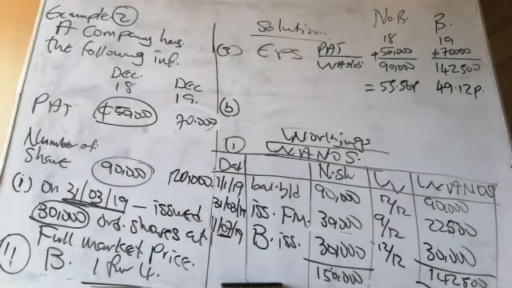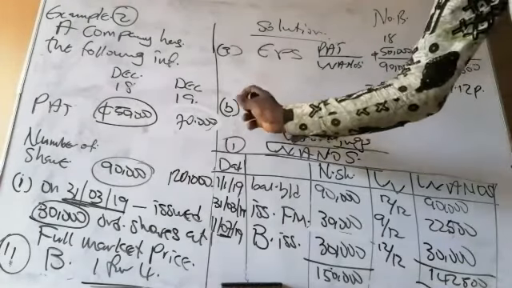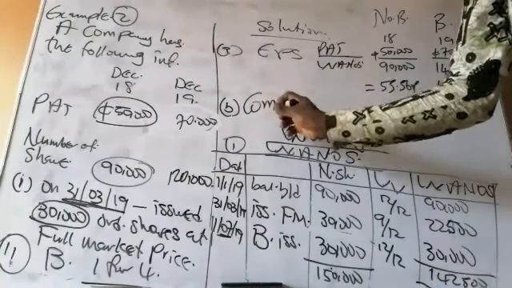It's as a result of what? The bonus share. It's not as a result of the number of shares issued, but as a result of the bonus share. So therefore, we need a savior. That is the comparative earnings per share. So let's go and calculate the comparative earnings per share.